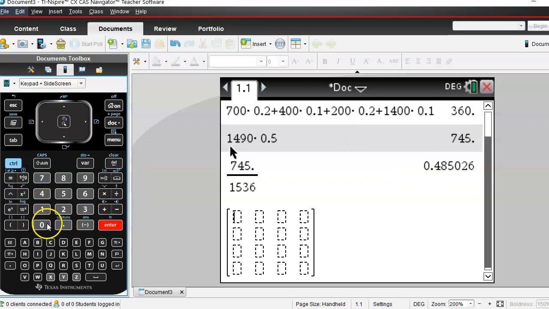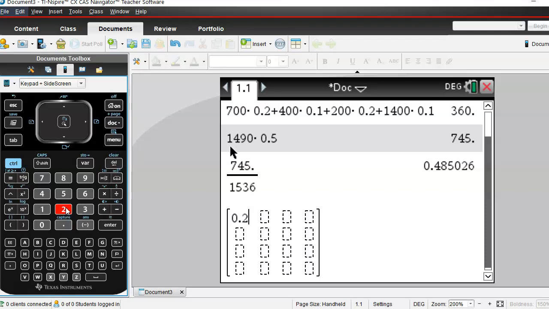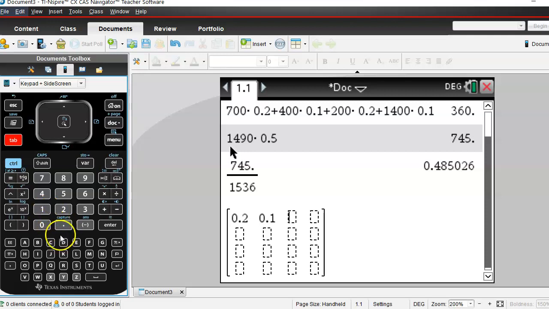So 0.2, 0.1, 0.2. Now remember, you've got to be pretty quick at putting these into your CAS calculator.